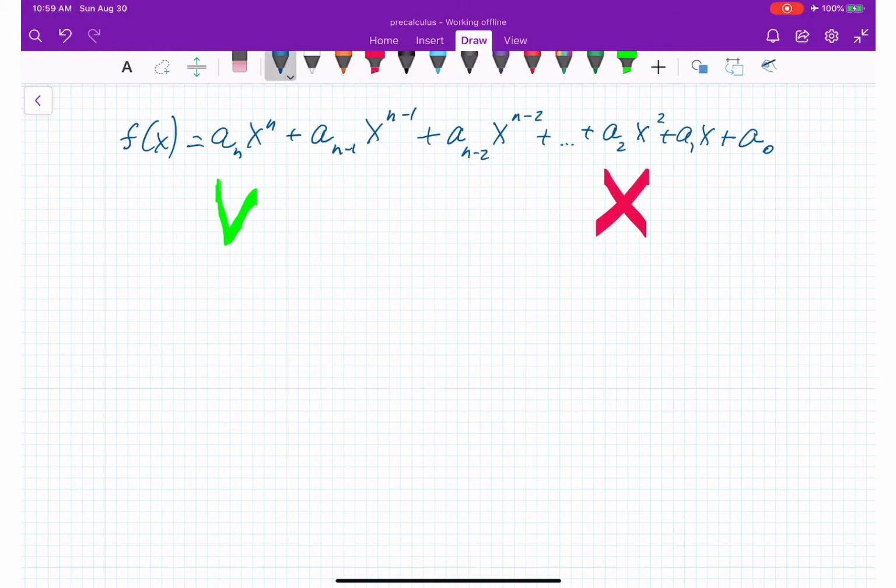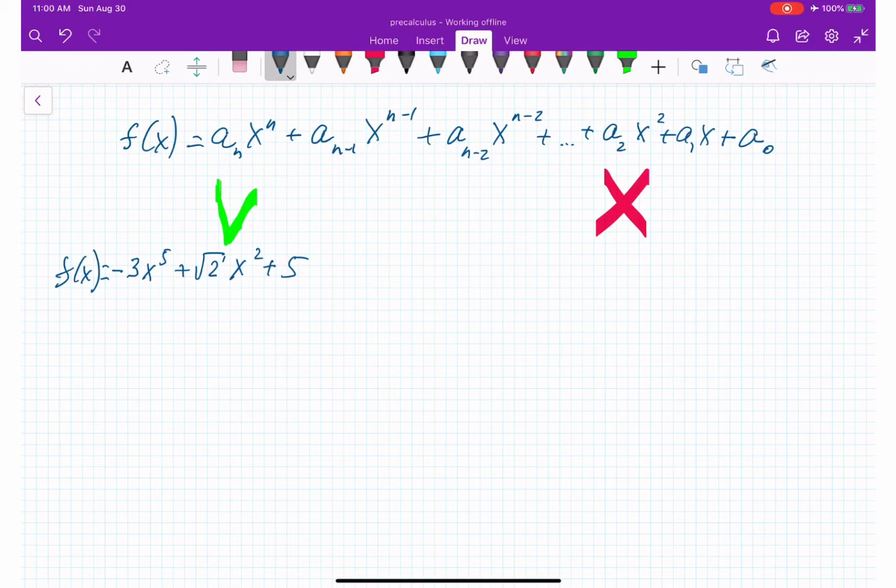So what is acceptable as a polynomial function is, let's say, f of x equals 3x^5 plus square root 2 x^2 plus 5.